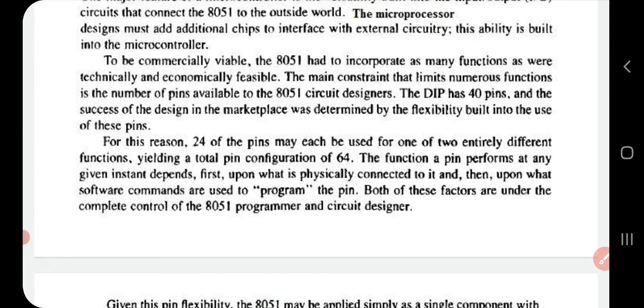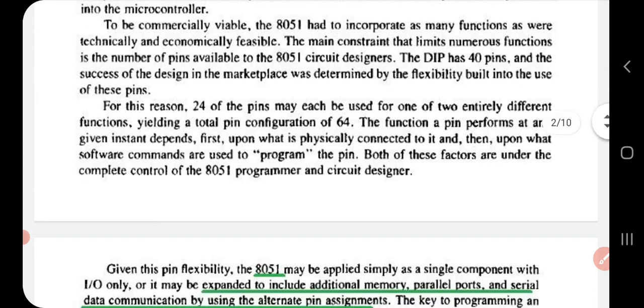So in the sense of pin number, there is a slight drawback, that is, the success of the design in the marketplace is mainly determined by the flexibility of the pins. For this reason, 24 of the pins are used for one of two different functions, thereby giving a total pin configuration of 64.